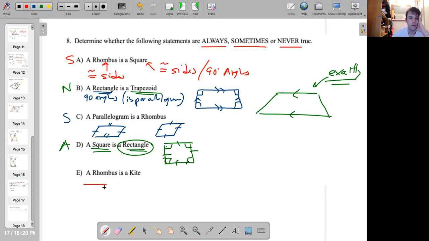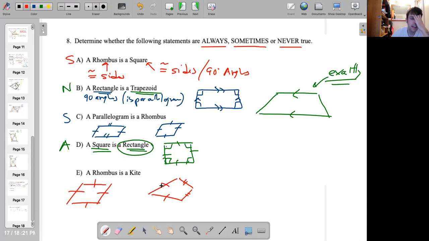All right, so a rhombus means that we have all 4 sides that are congruent, and a kite means that we have consecutive sides that are congruent. Now, there's some leeway here. There is some wording in our definition of a kite that does mean that they can't all be the same.